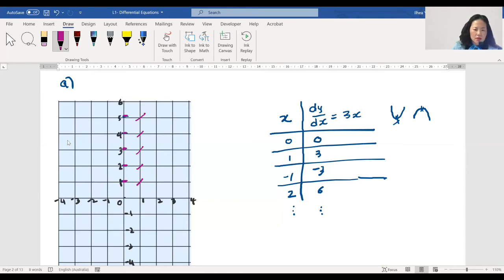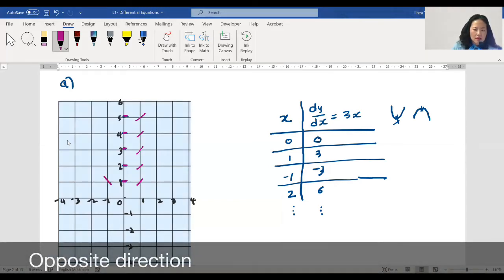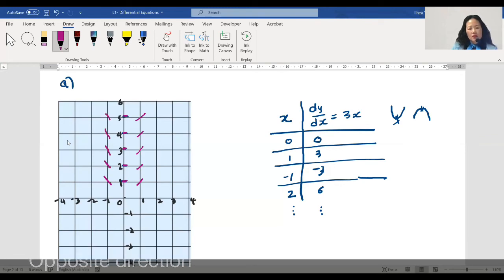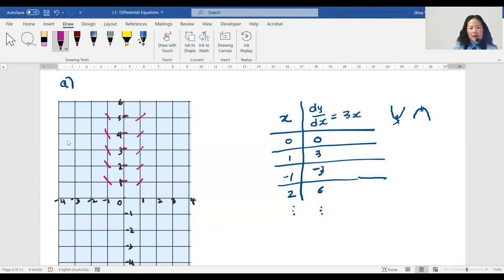So what I'm going to do is like this. Okay, that's all right. So it's sort of like reflecting. And then 2 is steeper than 1, so just be careful. Let's see if I can do that. So a little bit steeper than before. And eventually, the next one will be almost vertical, you know what I mean?